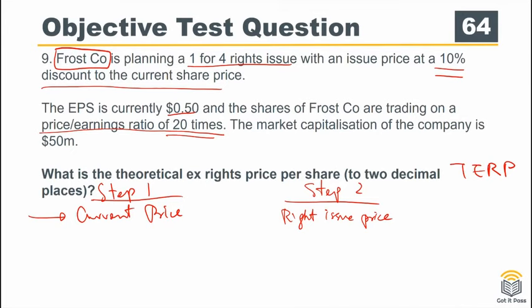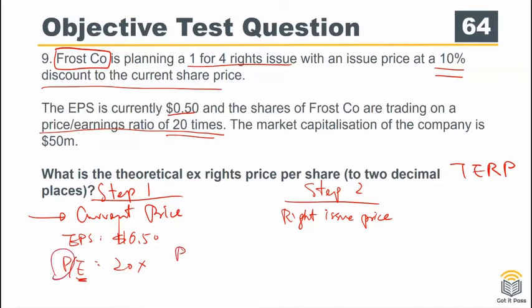The information provided is earnings per share, 50 cents. PE ratio, the price-earnings ratio, is 20 times. Okay, so we have the E here, and the P is unknown.